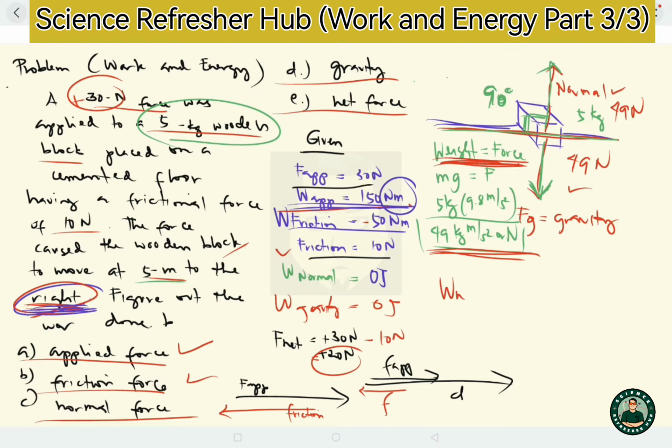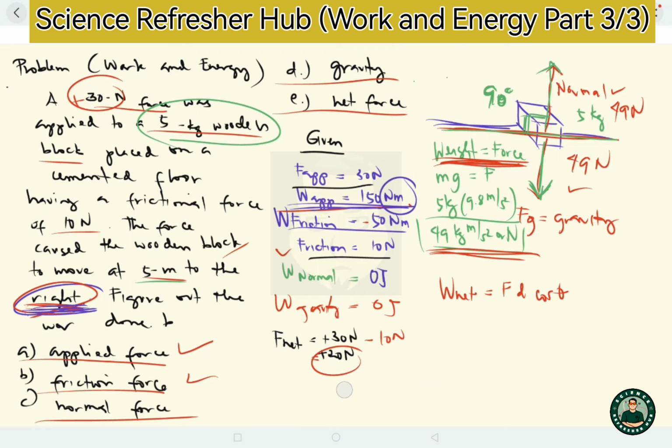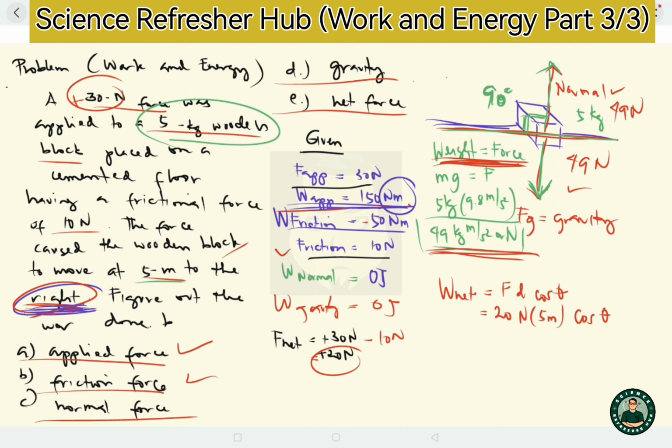So work done by our net force, we have F D cosine theta, and the value of our net force, we just calculated it. It's positive 20 Newton, and we have a displacement of 5 meters. Cosine, what's the value of our cosine this time? Let's find out. So 20 newtons times 5 meters is going to be 100 Newton meter.